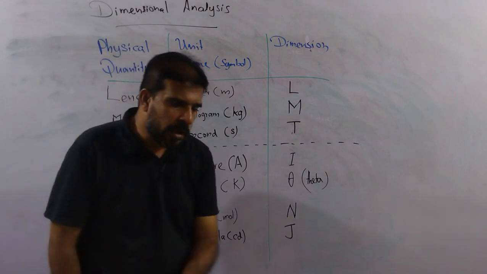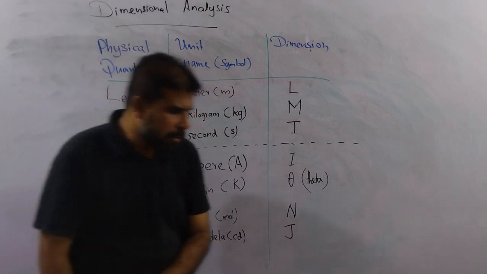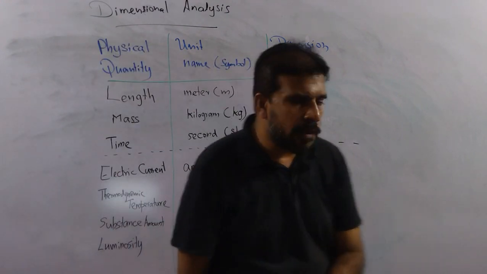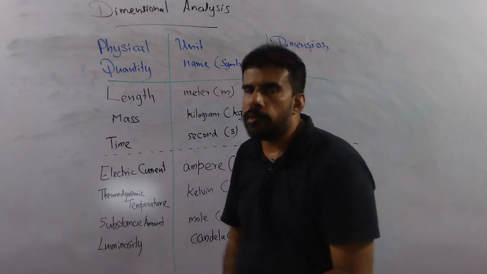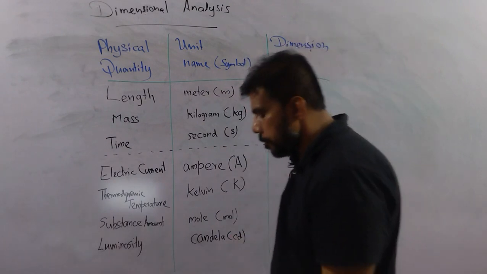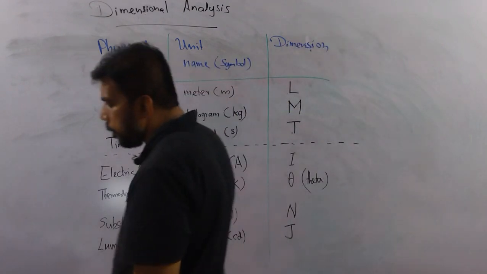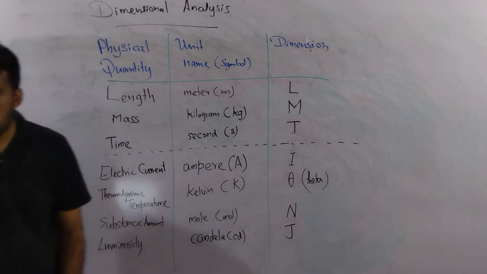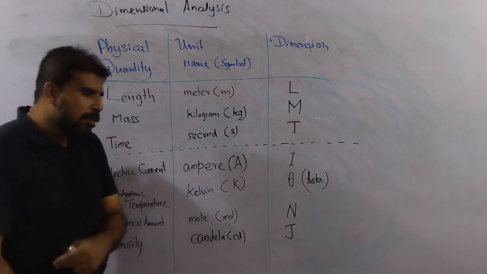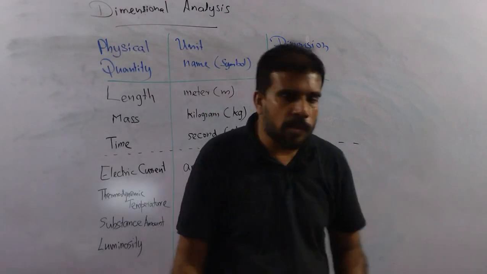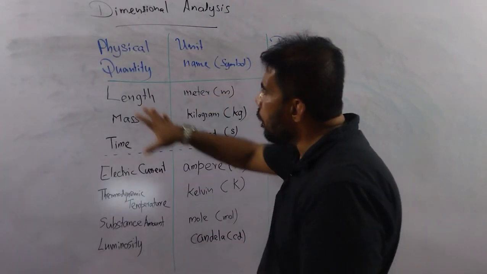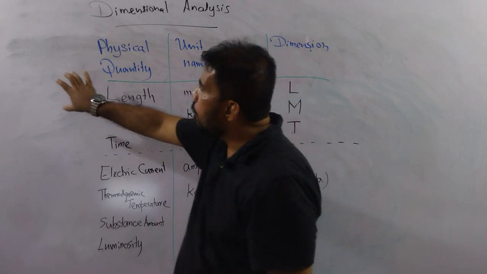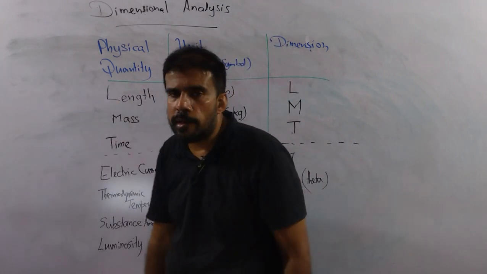Next, you can write a note. There are physical quantities which have units but no dimensions. Those are plane angle and solid angle. We know that for plane angle the unit is radian, and for solid angle the unit is steradian.